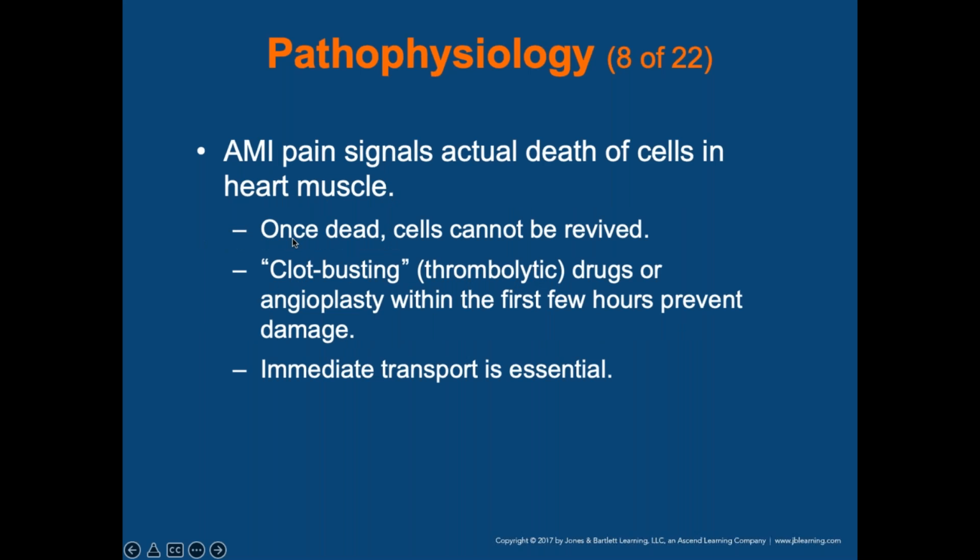So acute MI signals acute death of cells in the heart muscle. Remember I mentioned before, time is muscle. Once dead, the cells cannot be revived. So they do give medications if the patient is having a potential heart attack or a STEMI. They'll give clot-busting thrombolytic drugs or angioplasty within the first few hours to prevent damage, and immediate transport is essential.